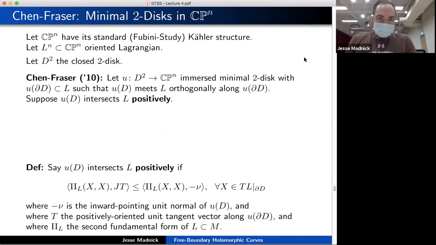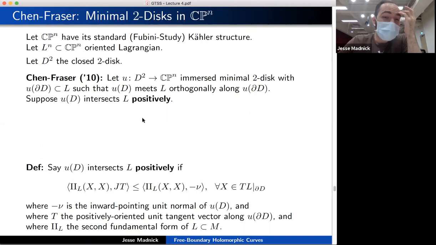They define this positivity condition like so. It's basically a convexity assumption. If L were not an oriented Lagrangian, but rather a hypersurface, like a sphere of some sort, and your disk lay inside the interior of the sphere, then this positivity condition would hold.